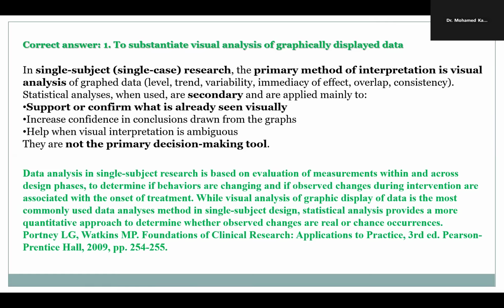So we have seen some changes in behavior, in pain level, or whatever in the case we are studying, and it was graphically represented. We need to make sure our interpretation of this graphic representation is true or not. So we do a statistical analysis in order to make sure that our interpretation of these visual findings is correct.